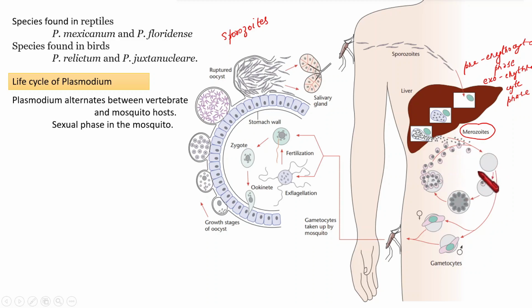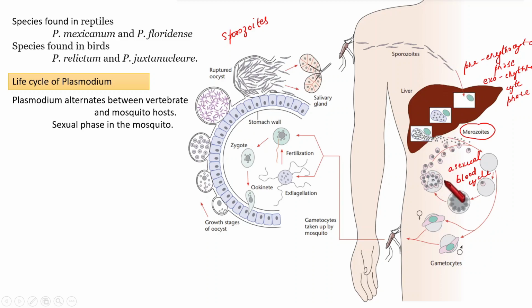So that cycle repeats, and this phase is called the asexual blood cycle. And while an RBC ruptures and the merozoites are released, some toxic substances are also released to the outside, and that may lead to high fever in the host.